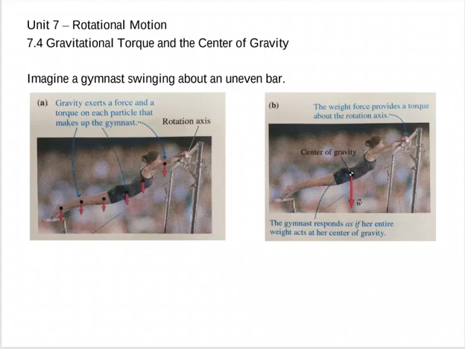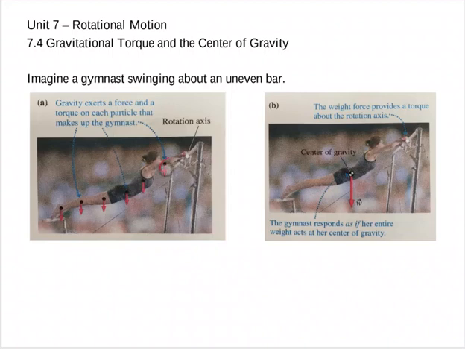If you look in the picture, there are various parts of the body that are all swinging around the bar together. Each part of the body has gravity exerted on it. So how does this affect our mathematics as we try to calculate a gravitational torque?